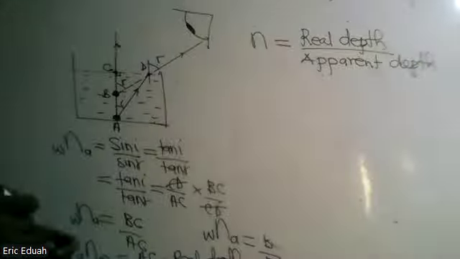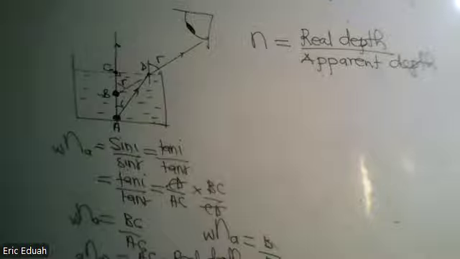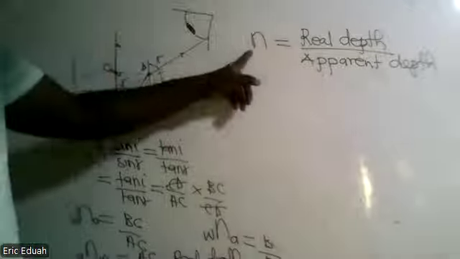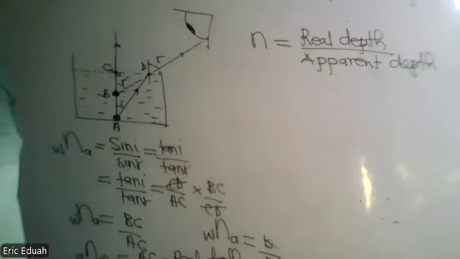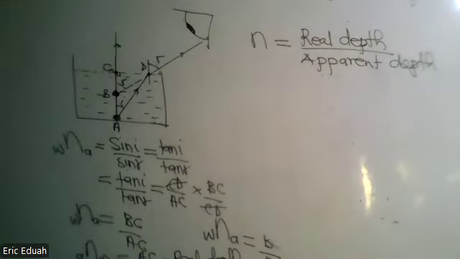So when an object is placed in liquid or is placed under glass prism, you can use this ratio to find the refractive index of the material by considering these two ratios of depth.